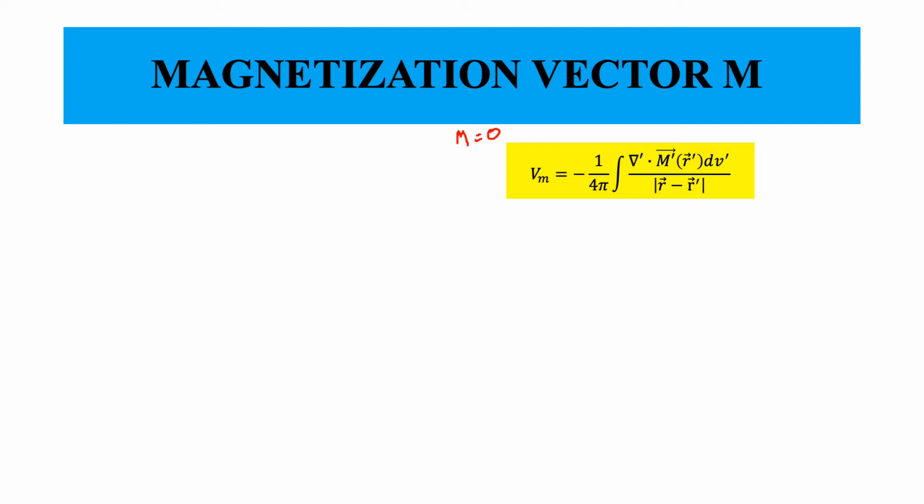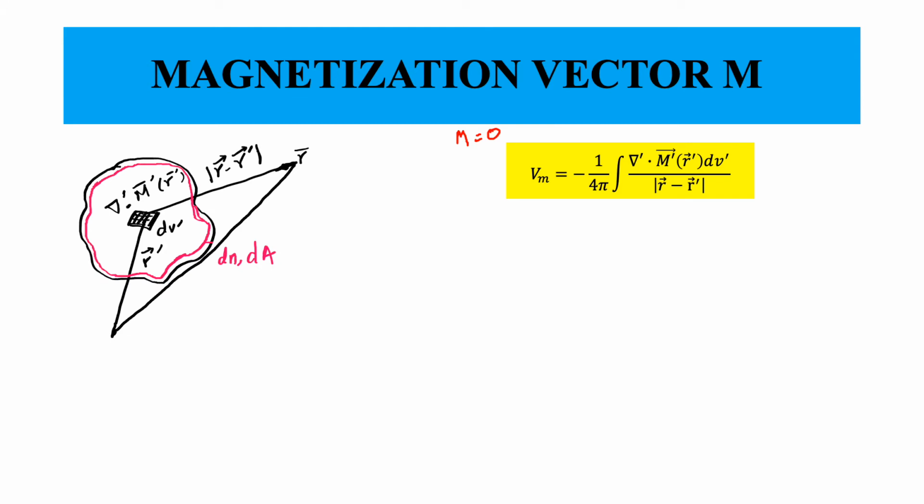So if you consider a magnetic material where M is equal to 0 outside, this poses some trouble in interpreting these equations. Why? Consider a certain magnetic material, and then there is the interior.